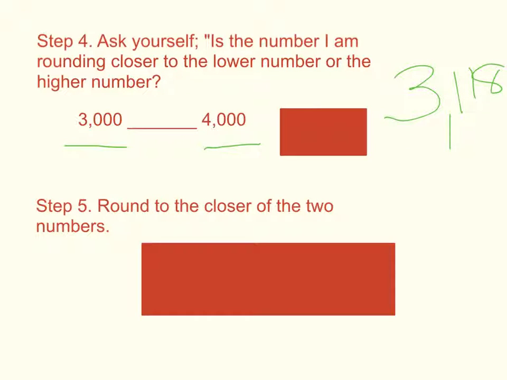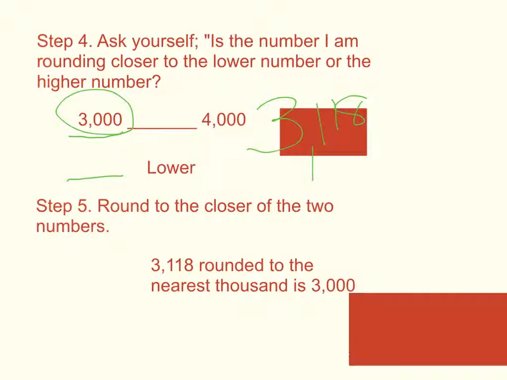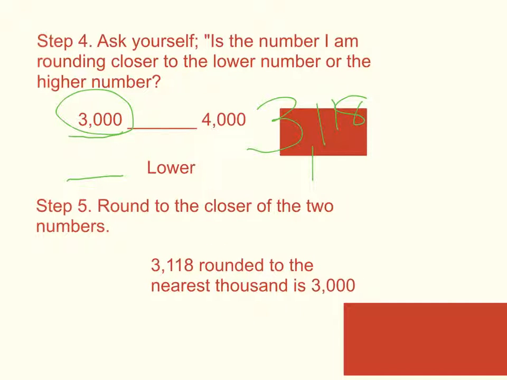When we look at that, we realize that it is closer to the lower number, so it is closer to the 3,000. That means for step 5, we round to the closer of the two numbers. So 3,118 rounded to the nearest thousand is 3,000.